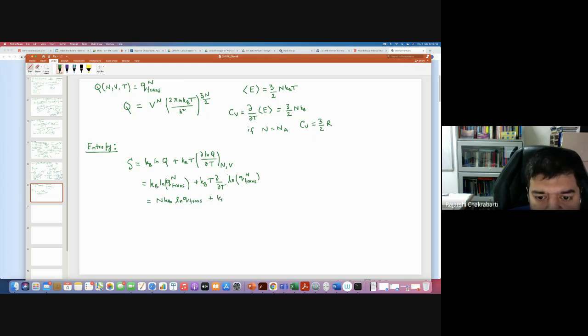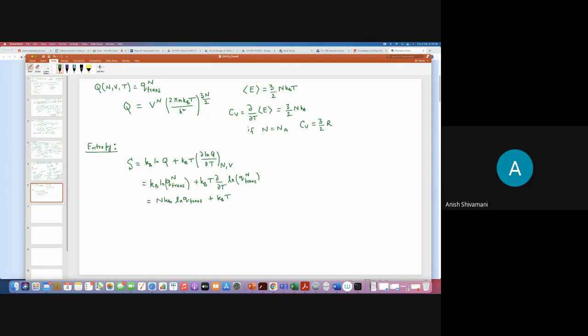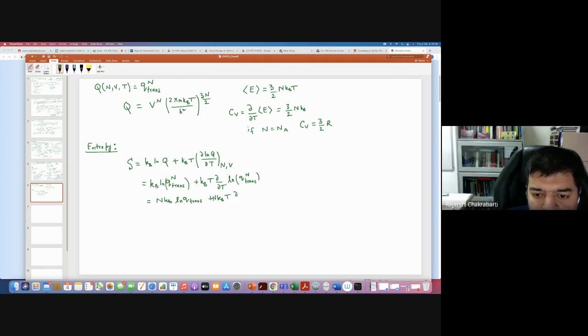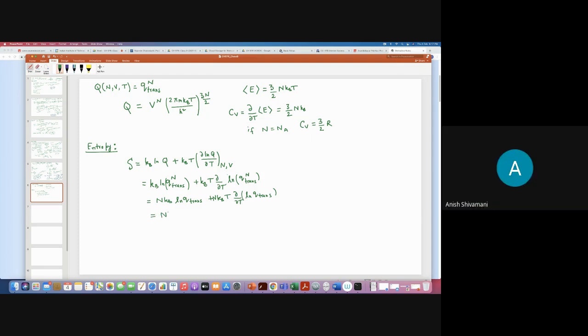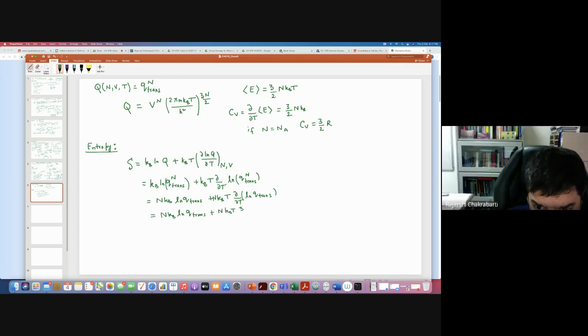What is the next term? N kBT d by dT of ln q trans. Now you know d by dT of ln q trans, you already know this. It is 3 kBT by 2, you'll get 3 by 2 into 1 by T. So eventually you'll have N kB ln q trans plus 3 by 2 N kB. So this is your expression for entropy.